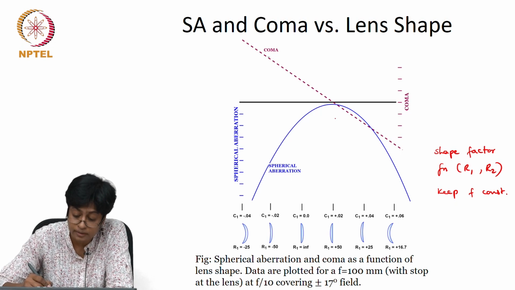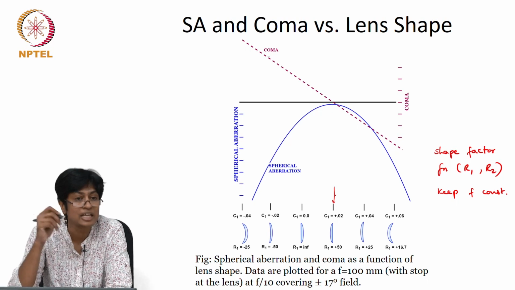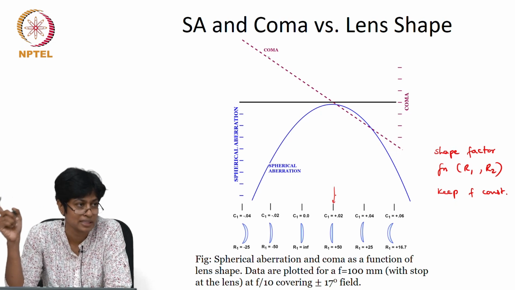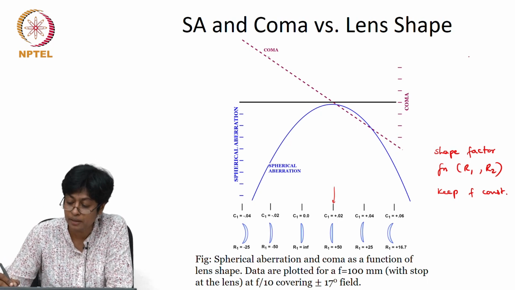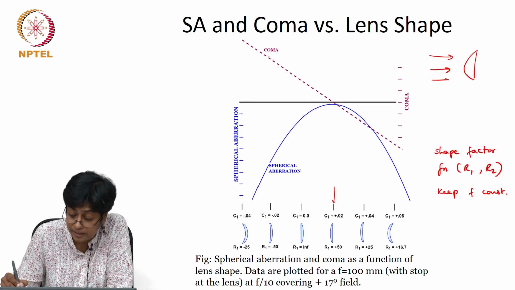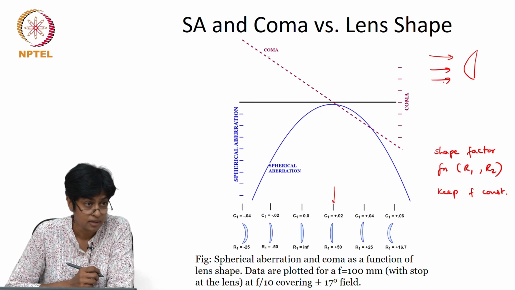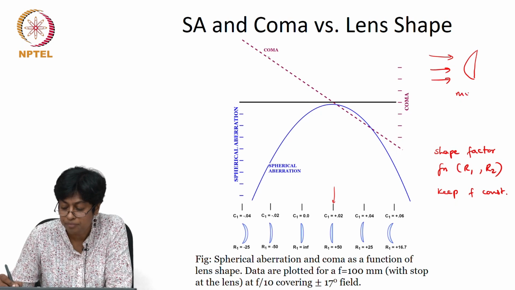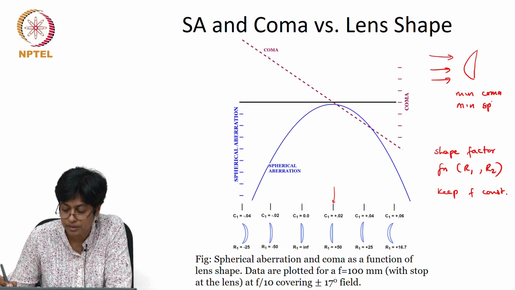And if you look at what that shape is, it's very close to a plano-convex lens. So if you have a plano-convex lens and light is incident from the curved side, that's also important. This is where you will have minimum coma and minimum spherical aberration.